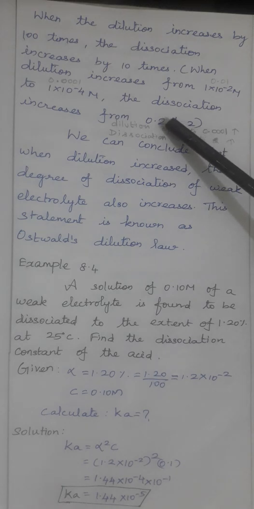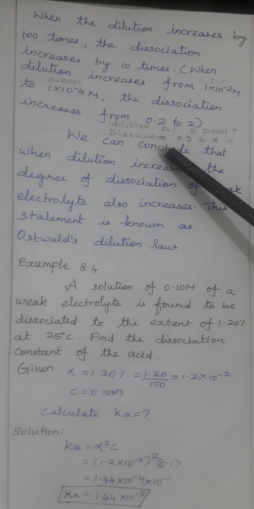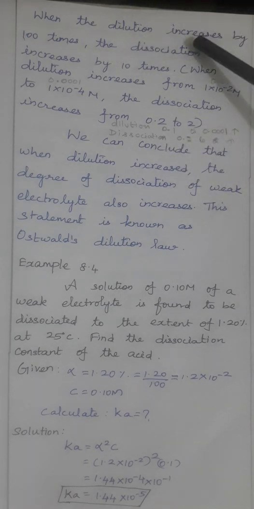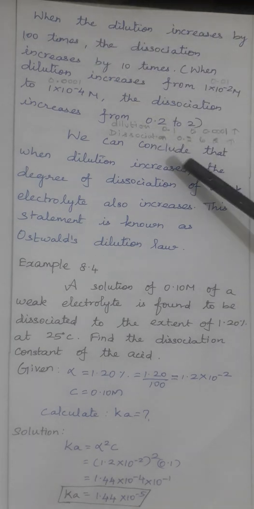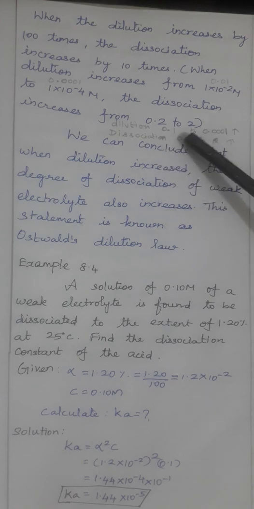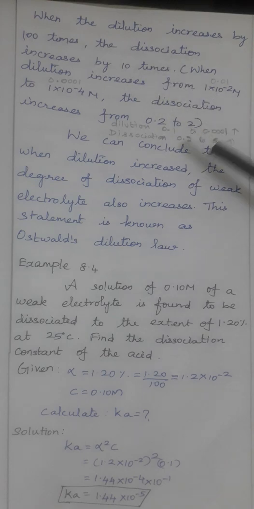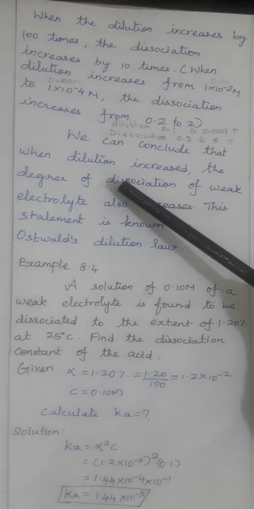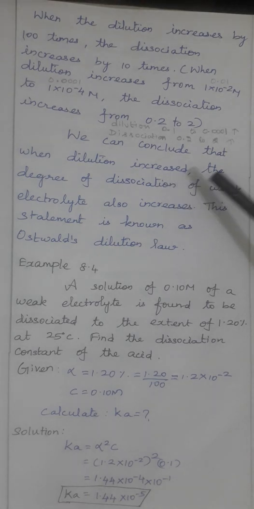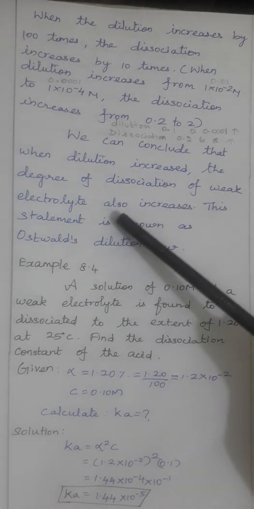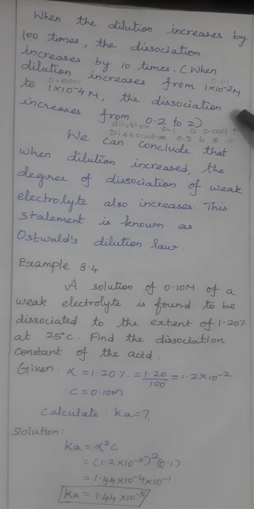Dilution increases 100 times, and dissociation increases by 10 times. We can conclude that when dilution increases, the degree of dissociation of a weak electrolyte also increases. This statement is known as Ostwald dilution law.